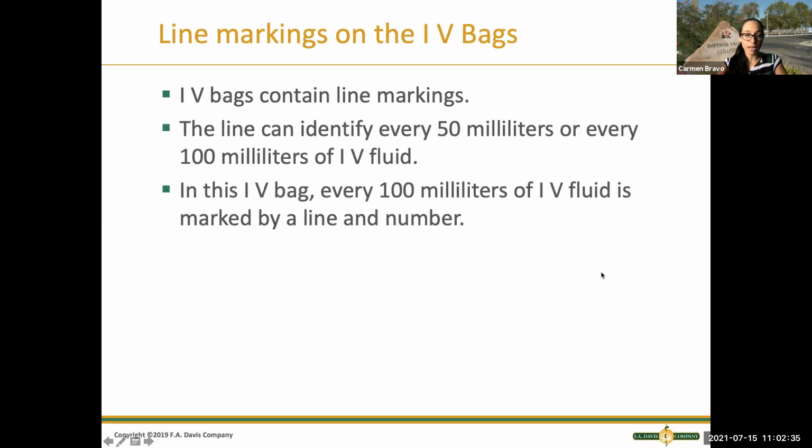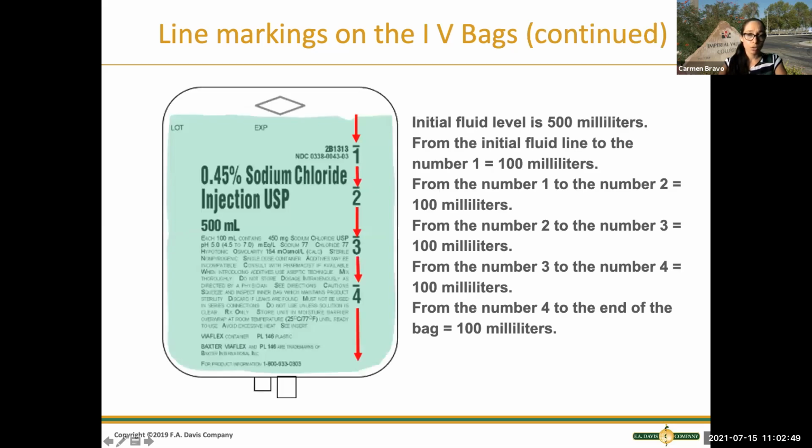But all the bags have line markings, anywhere from 50 to 100 for every line. Sometimes they're in hundreds. So again, it gives you an idea of the line markings. Every line in here is 100.